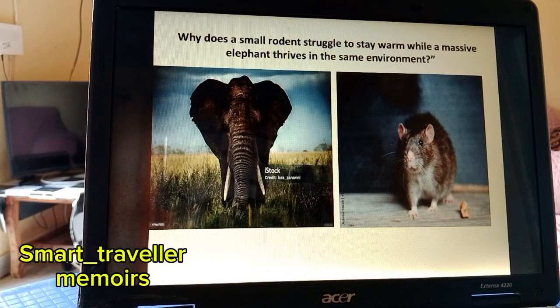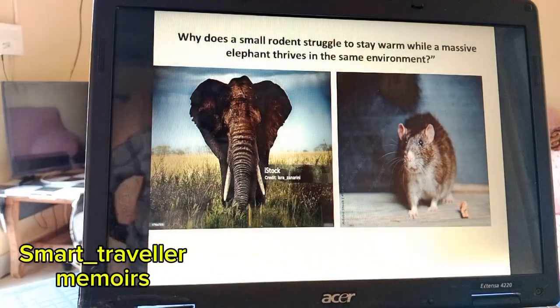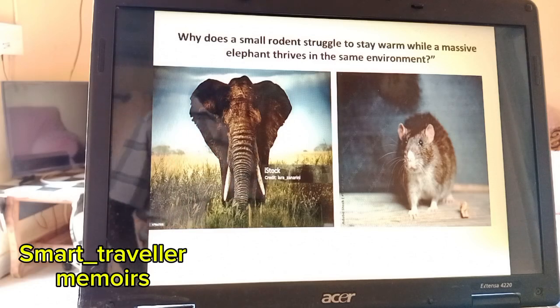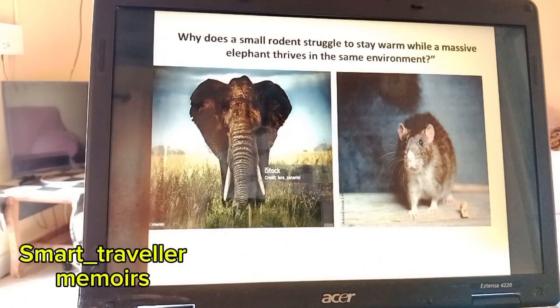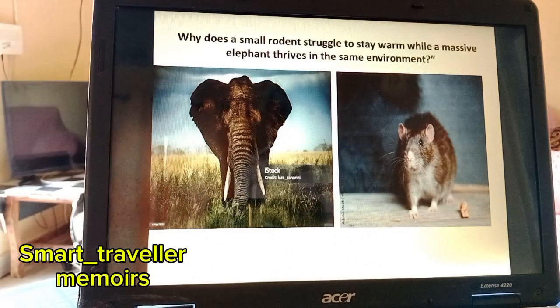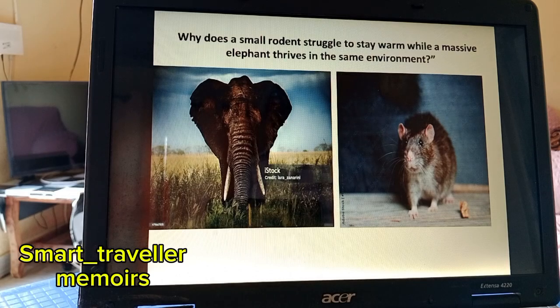So we open the data question by highlighting the information which is going to come in that question, because the question you have to ask yourself is, why does a small rodent like a rat struggle to stay warm while a massive animal like the elephant thrives in the same environment?